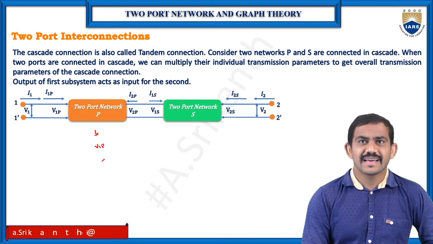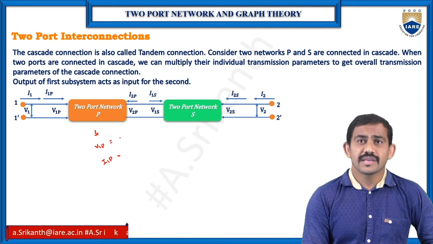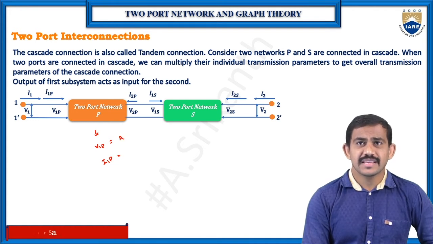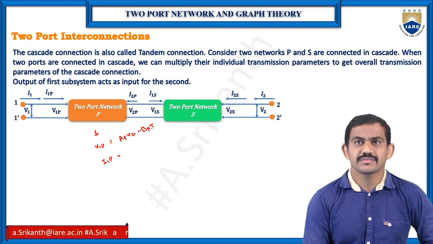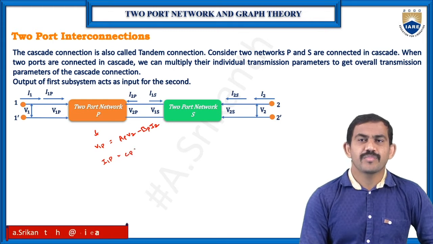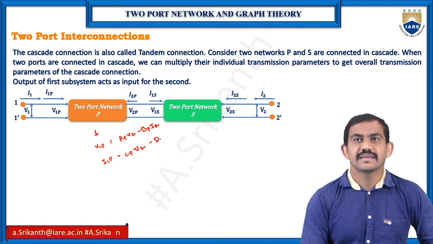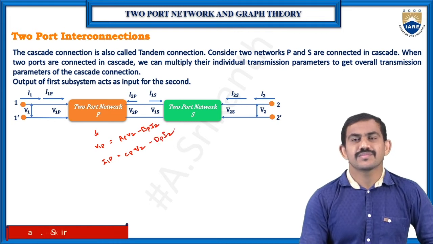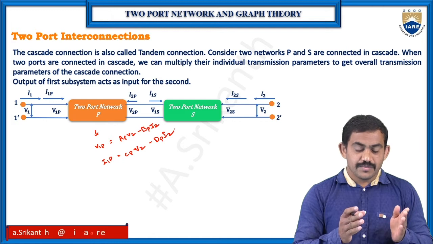V1 of P and I1 of P is equal to A of P V2 minus B of P I2. Same thing, C of P V2 minus D of P I2. So these are for the P network.